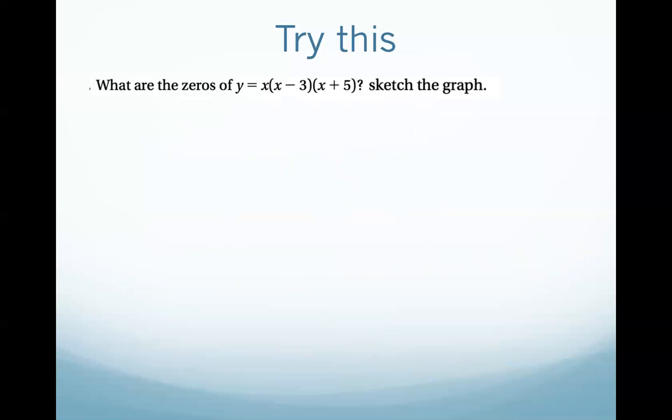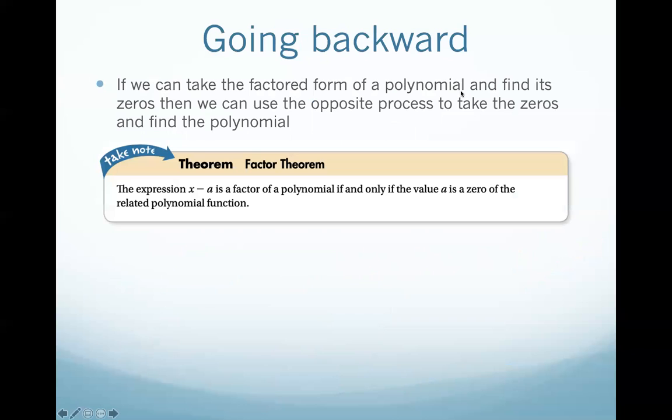All right, so let's take that process now and go backwards. So what we did is we took a polynomial and we found the x-intercepts, which are the zeros. Now what I'd like to do is take the zeros and find the polynomial. So in our last example, y equaled x times x minus 3 times x plus 5.